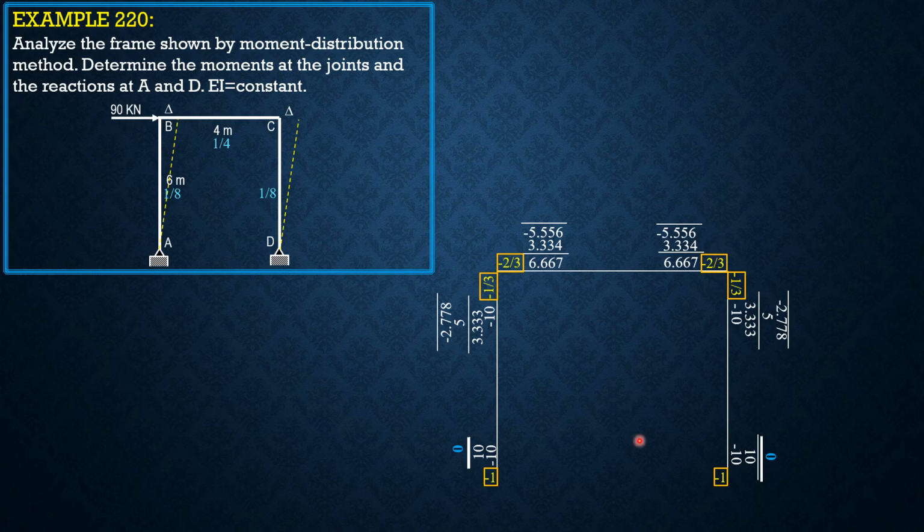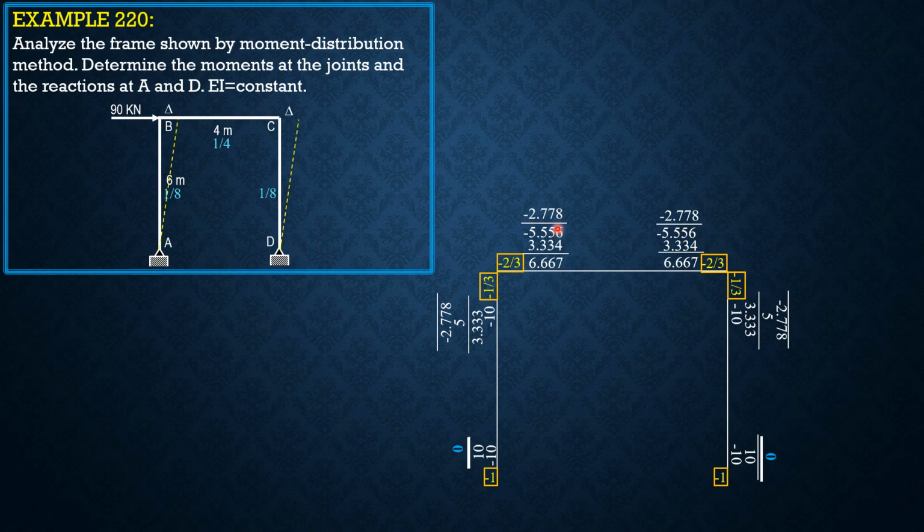Then no more. So carry over. So 0 here and no more. So take note this is 0. Half of negative 5.556 is negative 2.778. This is also negative 2.778 and 0 here.